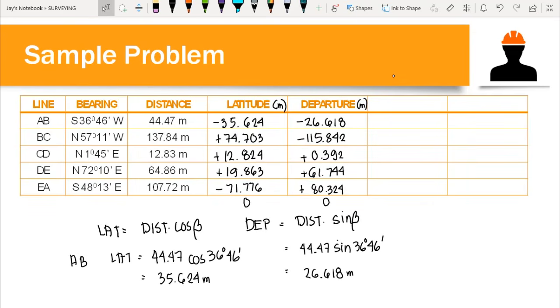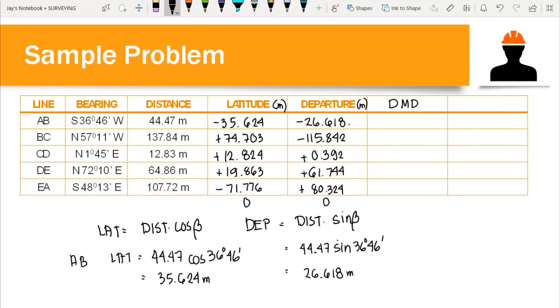So we have the value of our latitude and departure, and we can now compute the area using either DMD or DPD. This time I will be using DMD, or the double meridian distance, first. So we have another column here for DMD. For the DMD method, the first procedure is to copy the value of the first departure.